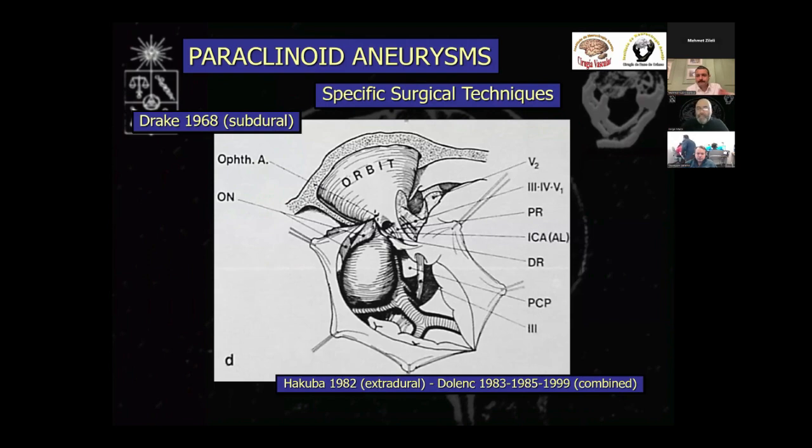But the one that I picked, and thought was better, was the Japanese one, because you use the extradural corridor. And the extradural corridor gives you something that no other way gives you: you don't need a big craniotomy. You don't need the orbit, you don't need the zygoma in order to reach the profound structures.